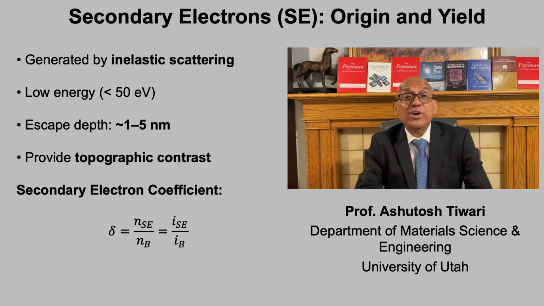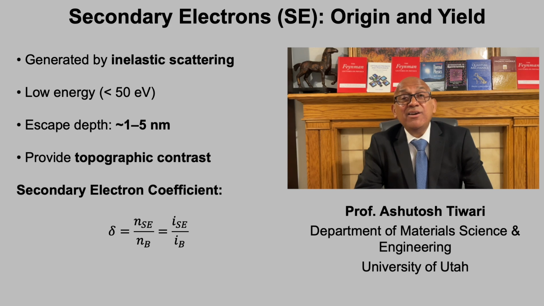As a result, only electrons produced very close to the surface, within roughly 1 to 5 nanometers, are able to escape. This extremely shallow escape depth makes secondary electrons highly surface sensitive. Rather than emphasizing composition, they primarily provide topographic contrast, revealing fine surface features, edges, and surface roughness.